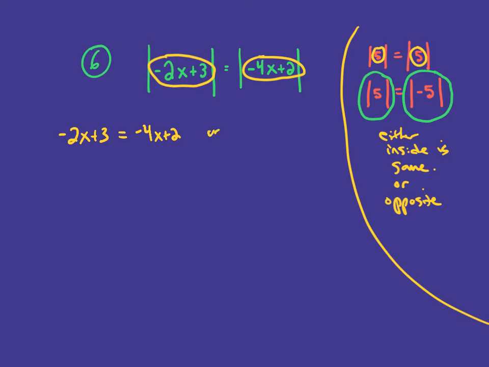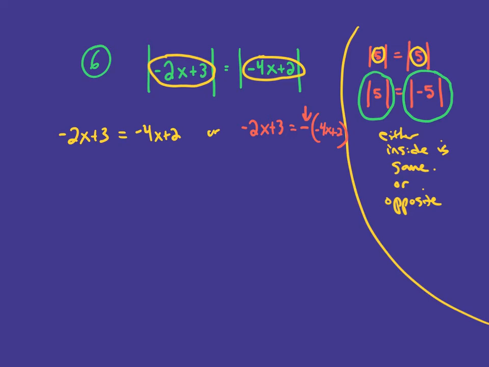Or, let me erase some of this. Negative 2x plus 3 is equal to the opposite of negative 4x plus 2. Hopefully you can see that. So it's either equal to exactly the same thing or it's equal to an opposite, which I show by putting the minus out in front of it with parentheses.